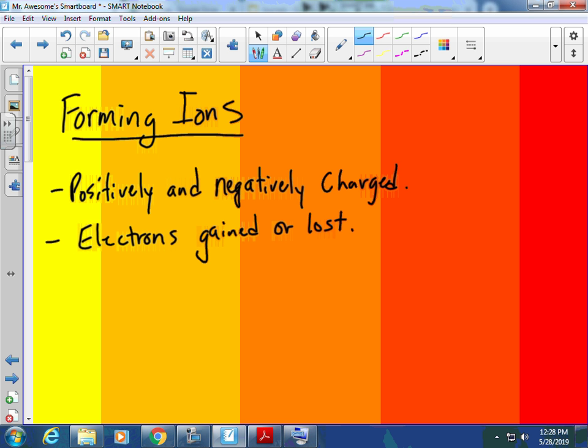Okay? You have to remember we're talking about negatively charged subatomic particles. So if electrons are gained, then the atom is going to become more negative.